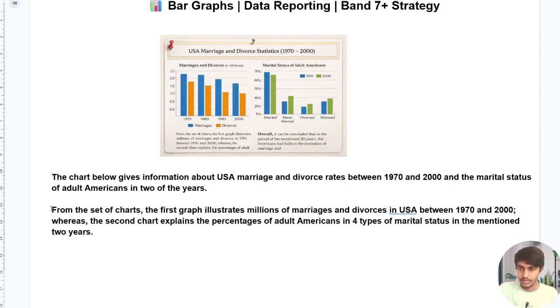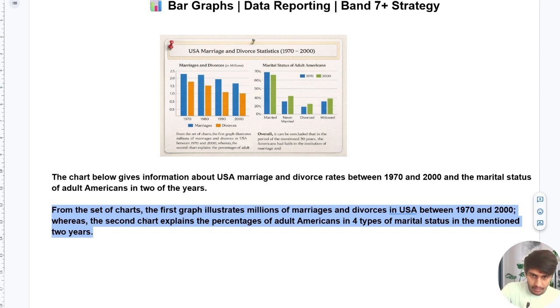So this is our body paragraph 1. From the set of charts, the first graph illustrates millions of marriages and divorces in USA between 1970 and 2000, whereas the second chart explains the percentage of adult Americans in 4 types of marital status in the mentioned 2 years.